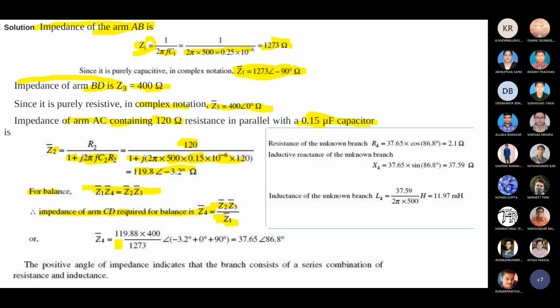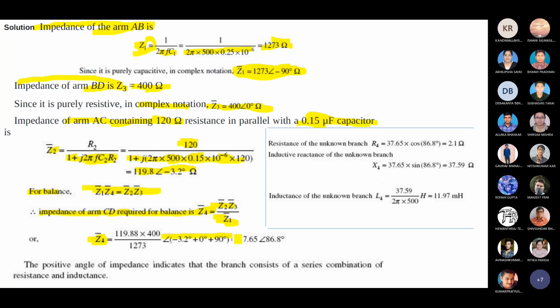Multiplication means addition of the angles, division means subtraction of the angles.